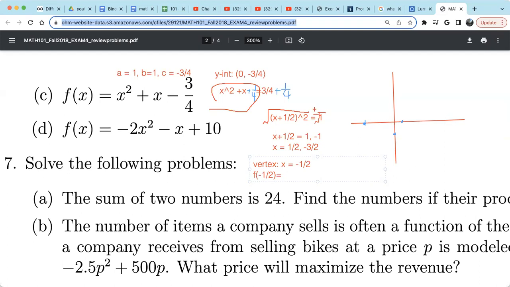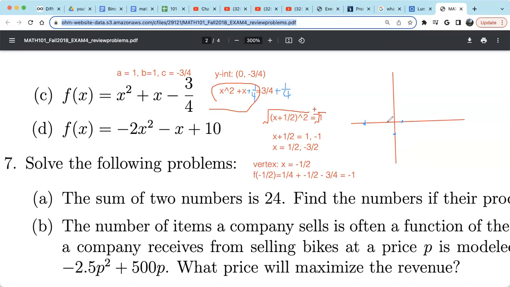Half of x squared, which is (-1/2) squared, we get 1/4 plus -1/2 minus 3/4. A quarter minus 3/4 gives -2 over 4, which is -1/2. So -1/2, that's -1. Okay, so our vertex is (-1/2, -1).